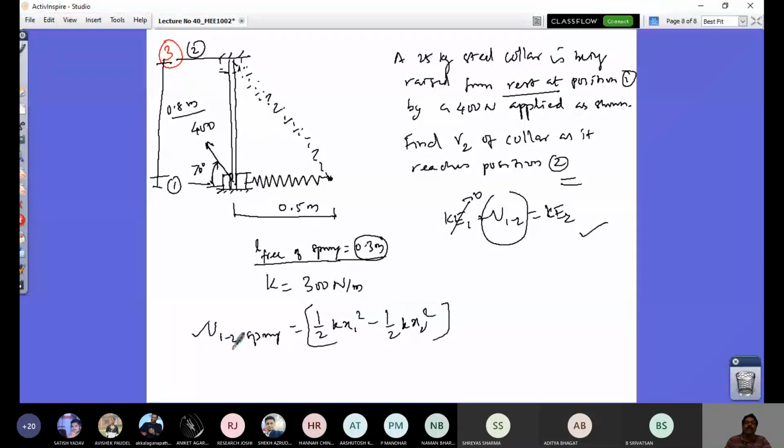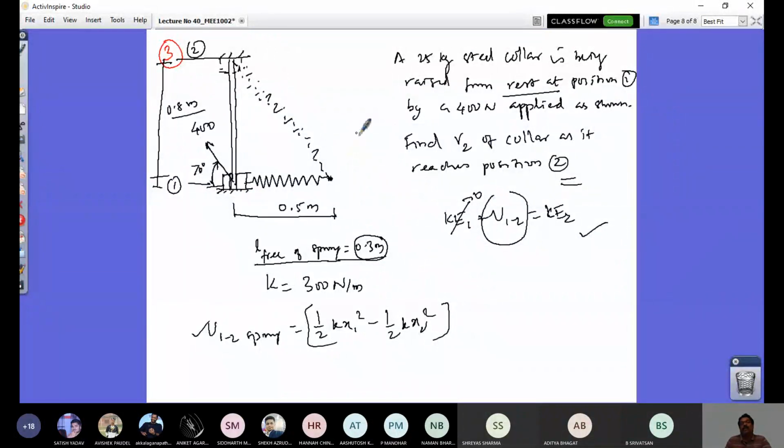In this problem, supposing this bar is rough and the mu value is given, then what do you have to do? In addition to this force, there is a resistance acting down. So you have to consider that. There is a kinetic friction force that also will be coming into the system. At that time, it is not a conservative system. But you will apply this same equation anyhow.